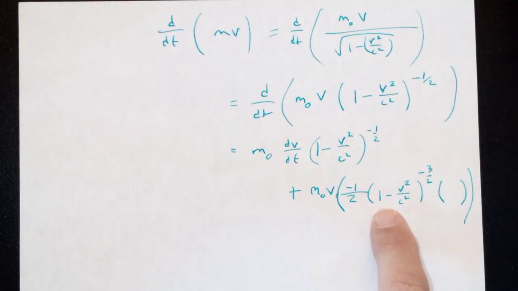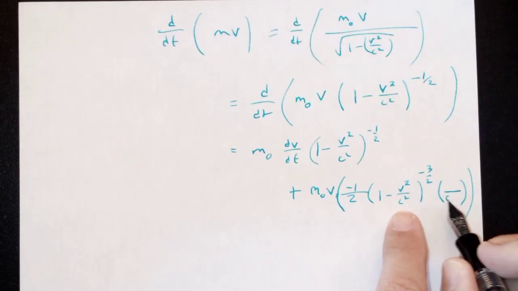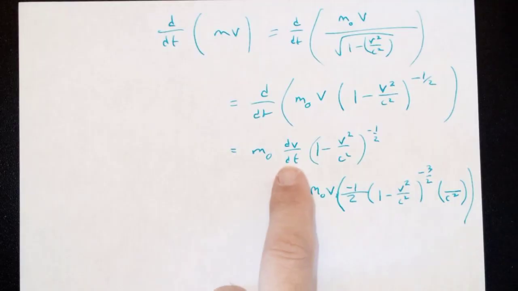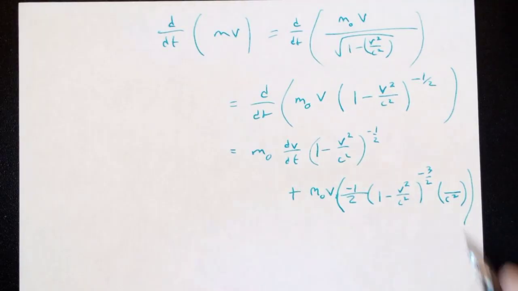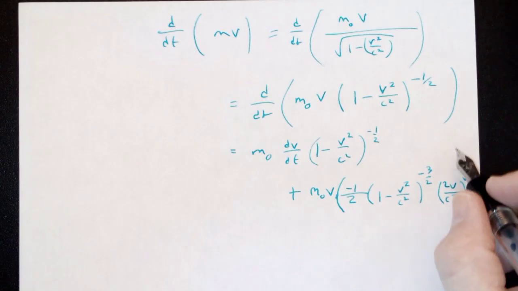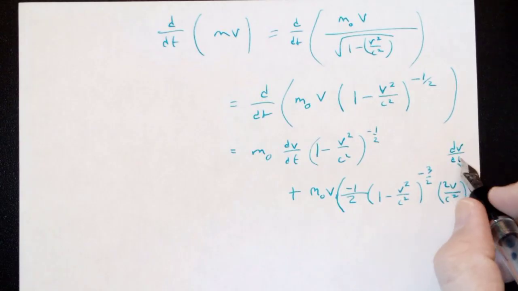What's the derivative of 1? V squared over c squared. C squared's a constant. I can leave it there. What's the derivative of v squared? But wait, there's more. When I took the derivative of v, I got a dv dt. So I get a 2v, but I also should have stuck right in there dv dt.